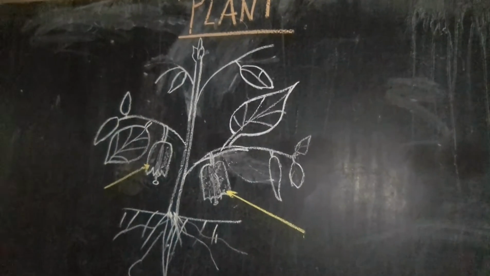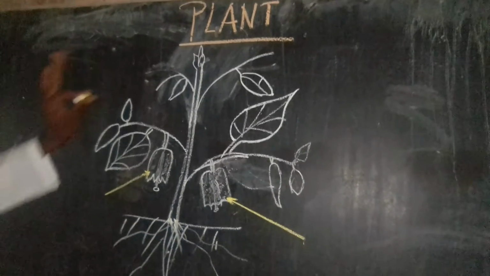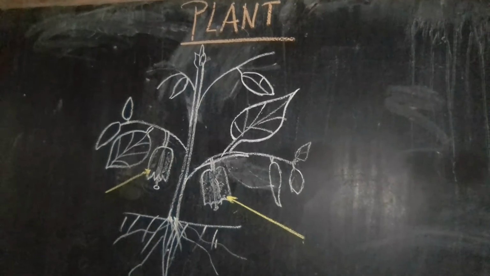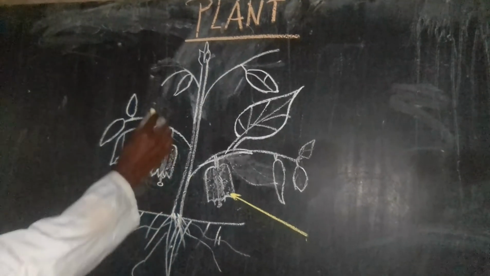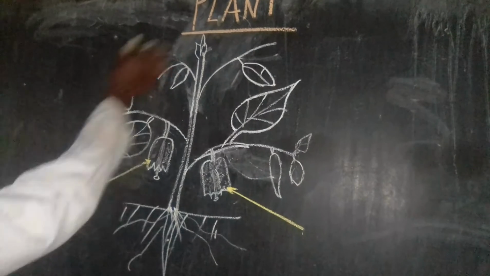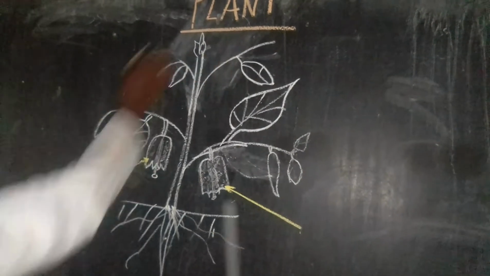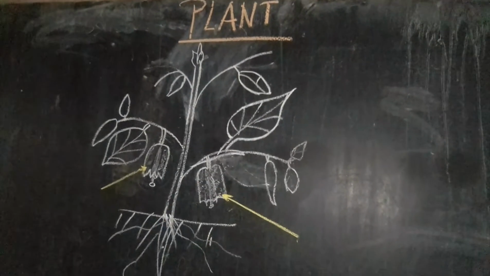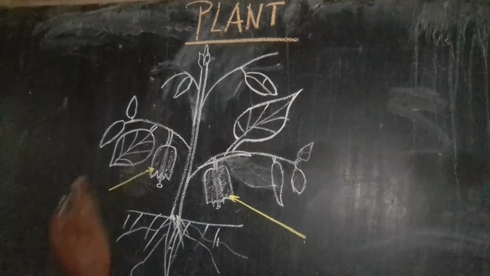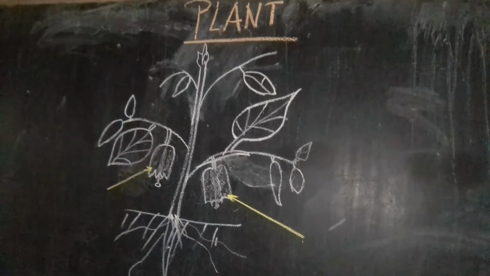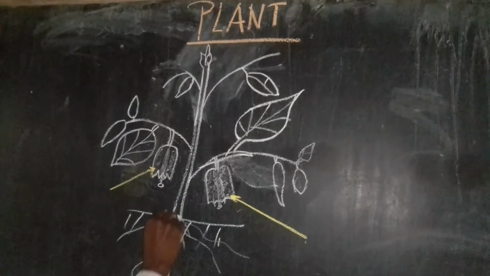Before, you have studied parts of plants. Now here we have a structure of plants. This structure of plants shows us all parts of plants, which are roots.